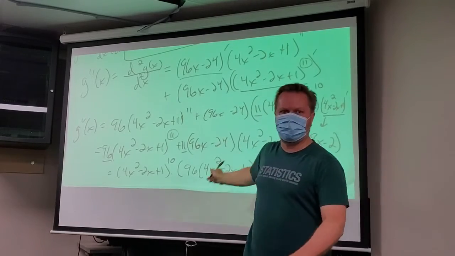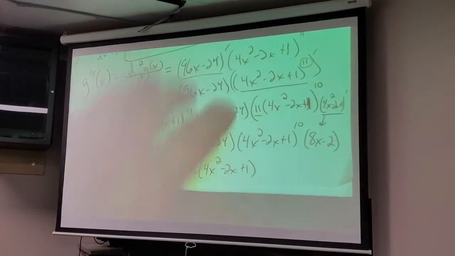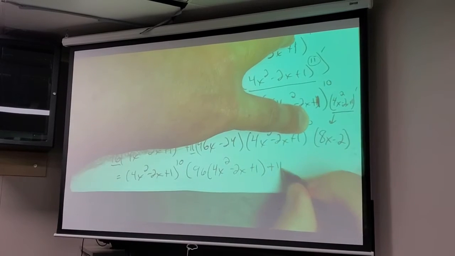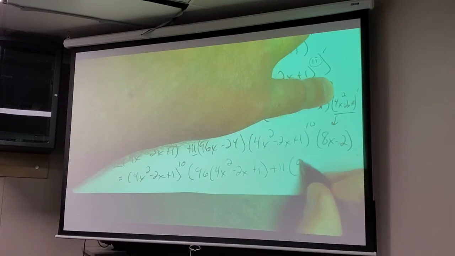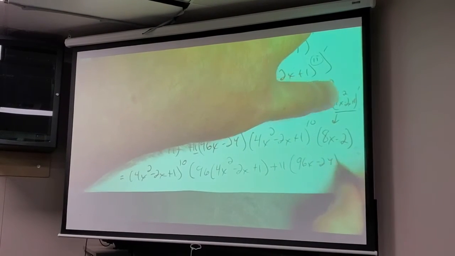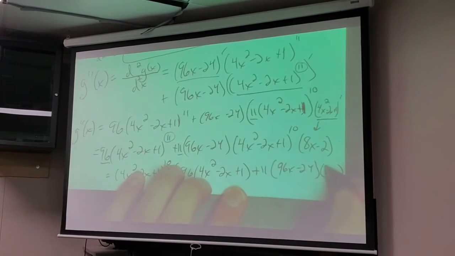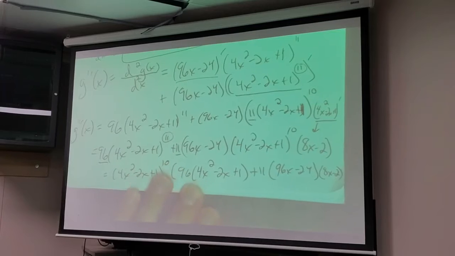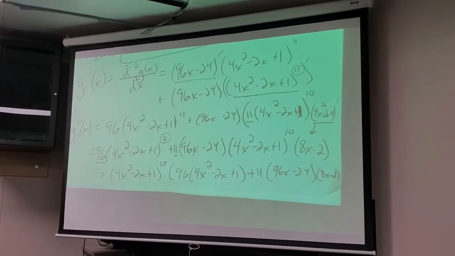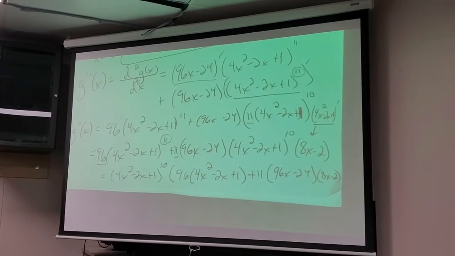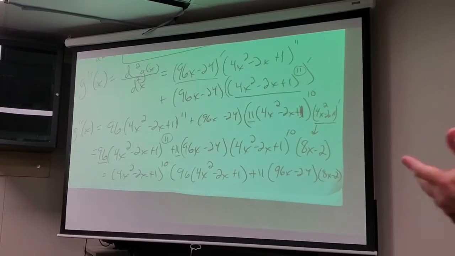Plus, what's left in the next term? 11 times 8x minus 2. Pretty gross, right?